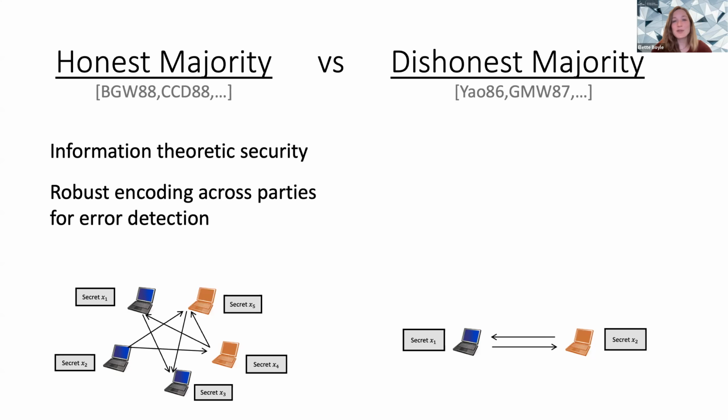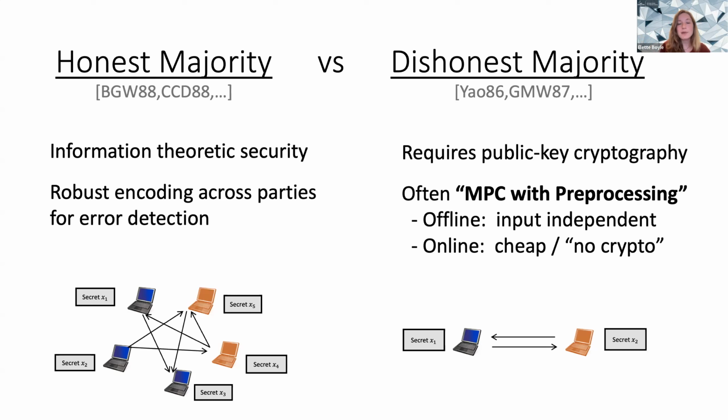In contrast, for a dishonest majority, for example if you just have two parties, or if you have more parties but you're not guaranteed a strict honest majority, it turns out that this requires public key cryptography in order to achieve. And often because of that, if you look at practical MPC protocols, what you end up doing in this setting is splitting the protocol into two parts, which allows you to push these heavy public key cryptography steps to an offline preprocessing phase.